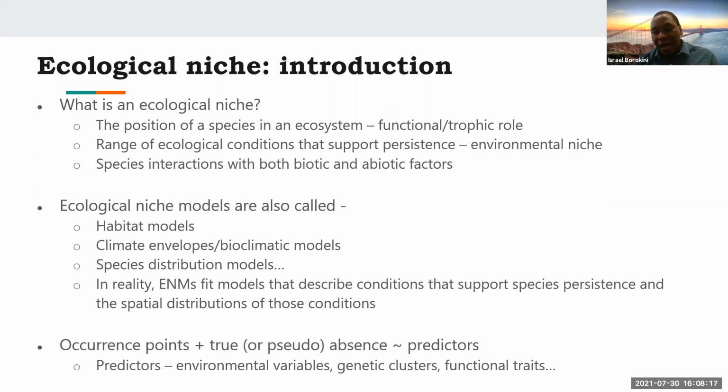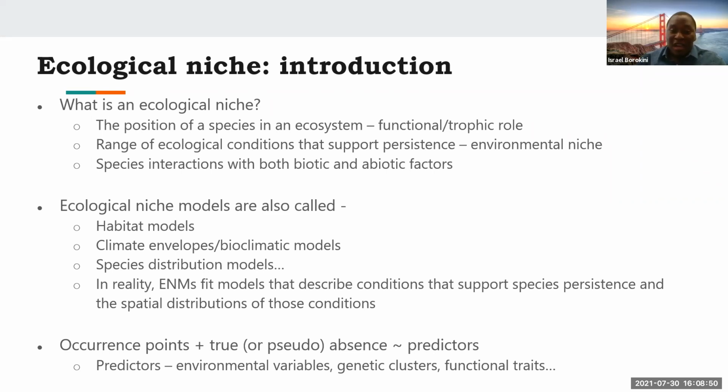And then for predictors, this is where we use environmental variables, like maybe precipitation is important for this species, maybe minimum temperature is important for this species, based on existing scientific understanding. In many cases where we don't have this kind of information to know which variables are important for the species, people just use a bunch of different environmental variables and hope that the models will flag some of them to be important at the end.